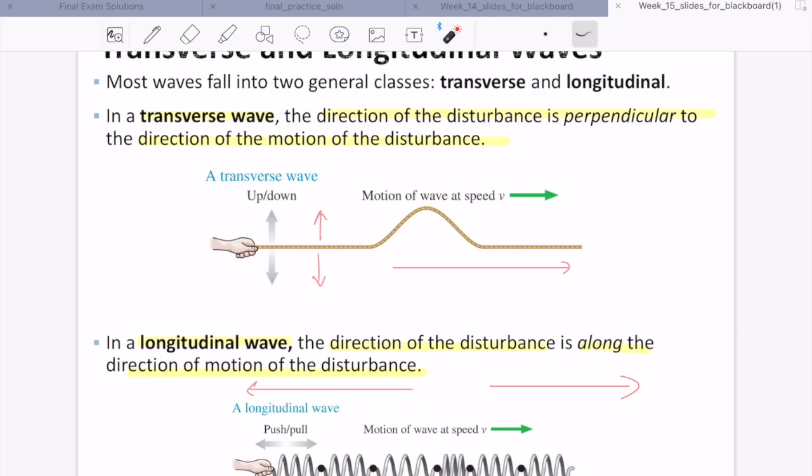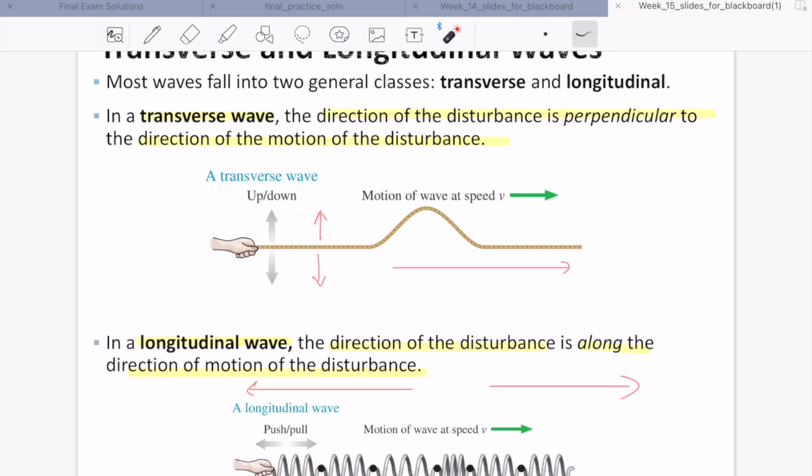So you can see here, if I did that spring like this, the spring moves from left to right. Okay, let me do that again. So it kind of goes that way. So the wave itself moves from left to right, but if you look at any specific part in the string itself, all it does is move up and down.